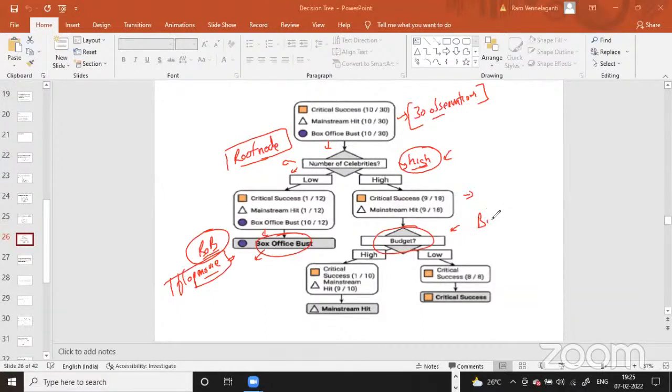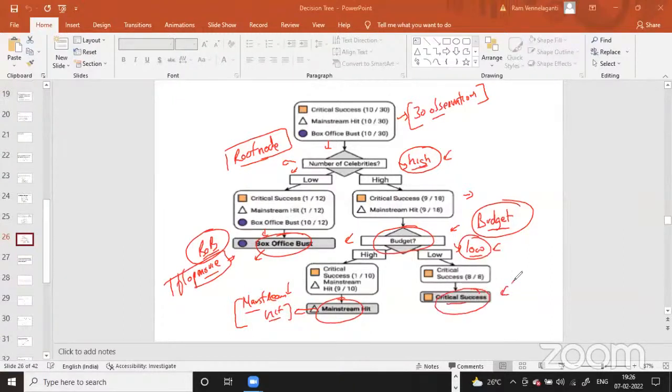Split on your next feature, budget. So if your budget is high, then the movie is going to become a commercial success. Mainstream hit. If the budget is low, then the movie is going to become a critical success. So this is the method in which you can use the concept of decision tree and take some decisions. You can solve your classification problems. That is how you are going to do it.